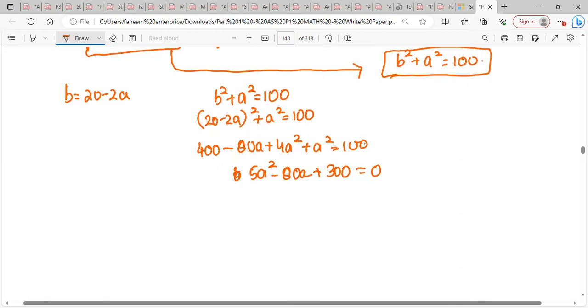This will be a squared minus 16a plus 60 should be equal to 0. So this is a quadratic equation in front of us.